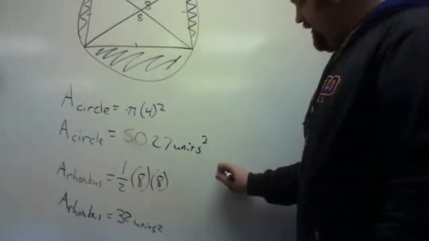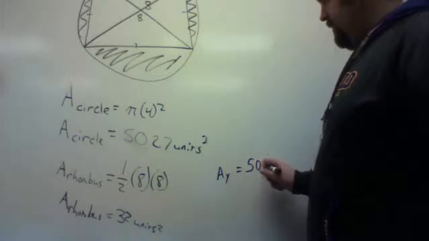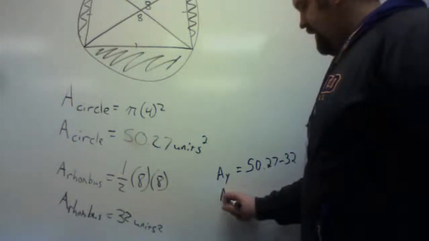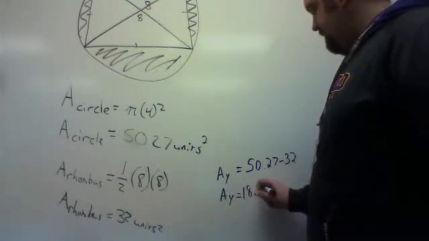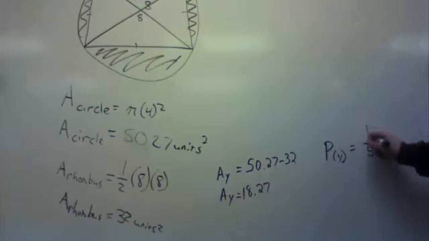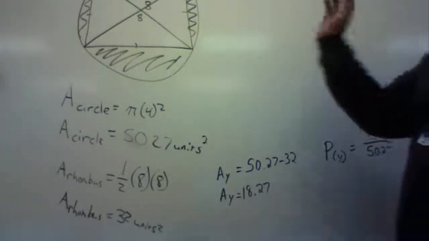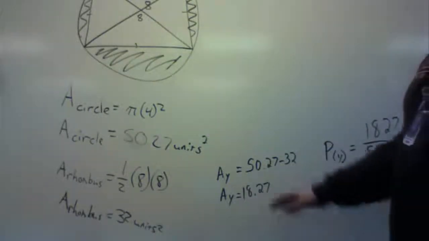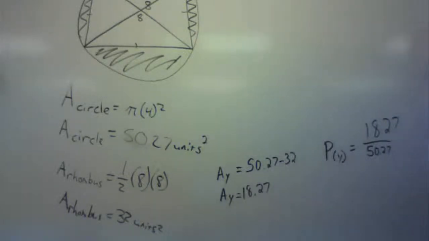The area of the yellow region is going to be equal to 50.27 minus 32. So the area of the yellow region is going to be 18.27, and that's what I'm looking for. So I found the area of the circle, I found the area of my square or rhombus, and I took the difference of the two because I was only looking for the area of the yellow, not the square, not the circle.